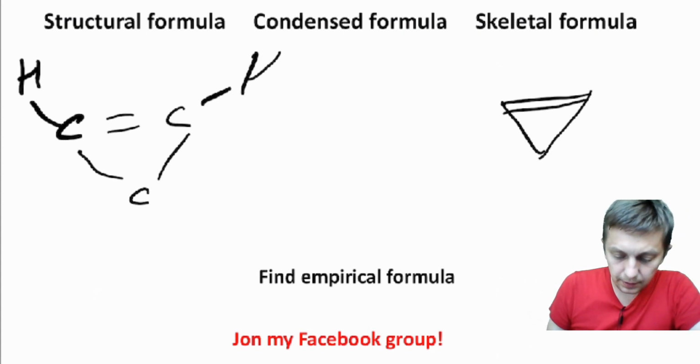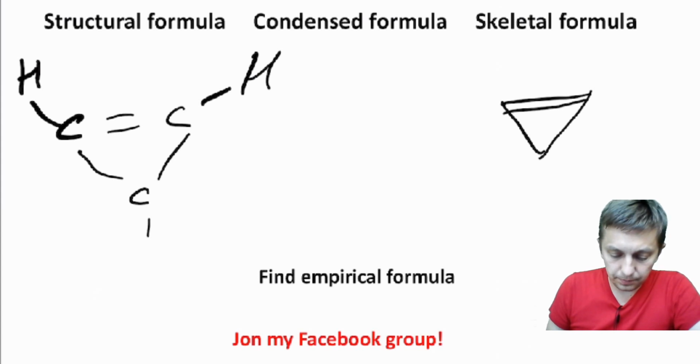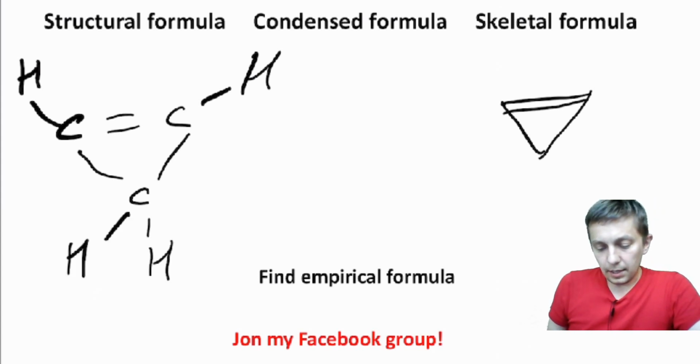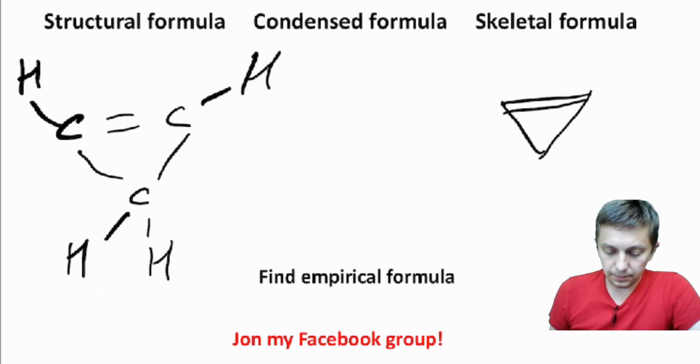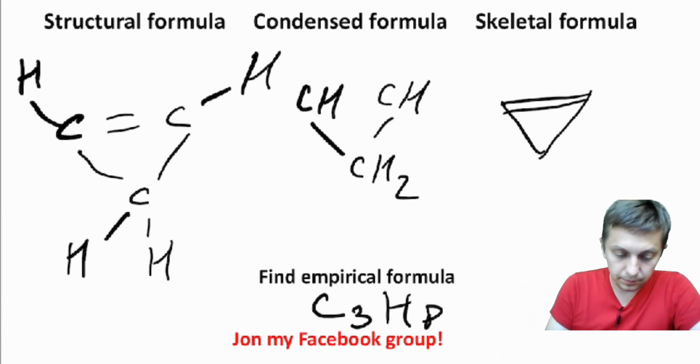Each carbon is connected with 1, 2, 3, 4 different bonds, like this. And I'm not writing the condensed formula, it would be very uninformative. CH2 and the empirical formula C3H4O4.